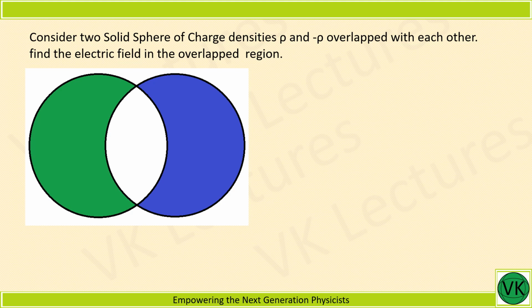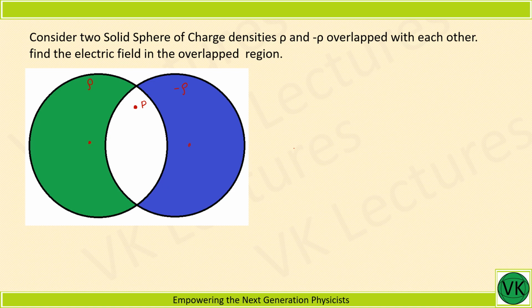Here consider two solid spheres of charge density rho. Let this be rho, and here you have minus rho, overlapped with each other, and find the electric field in the overlapped region. Somewhere here we can take one point P, and this is where we are going to find the electric field. So let's find its origin.